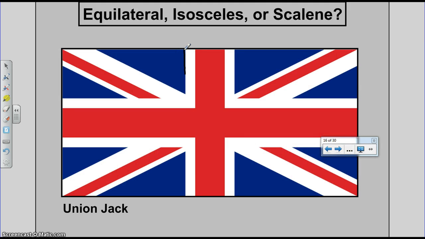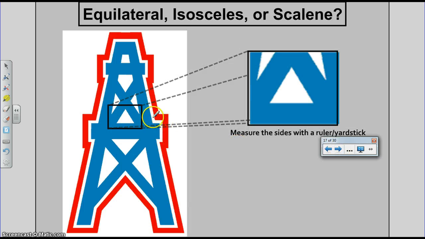I have this triangle. It's a right triangle, but if I'm going by the sides, none of the sides are the same, so this is scalene. Here I have a triangle and all the sides are the same, so this is equilateral.